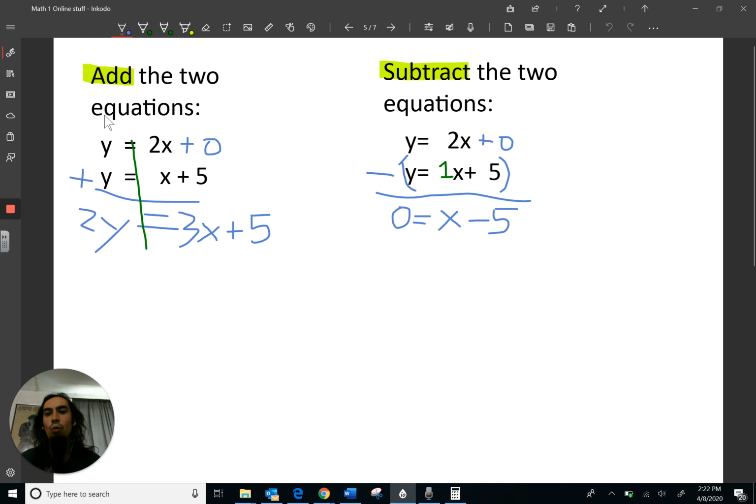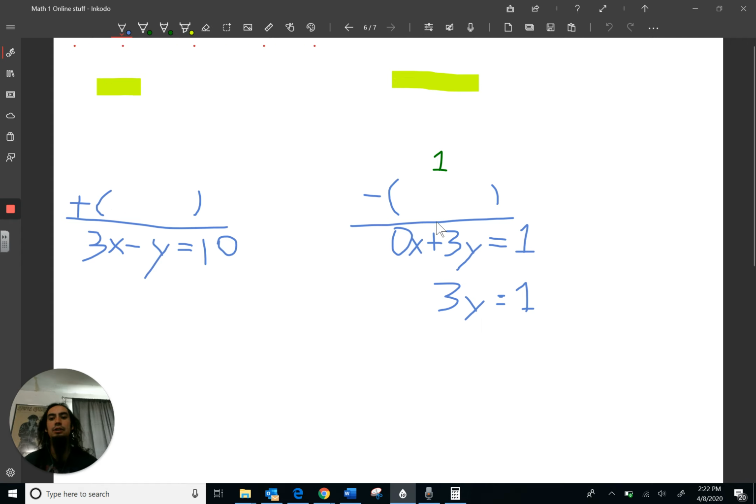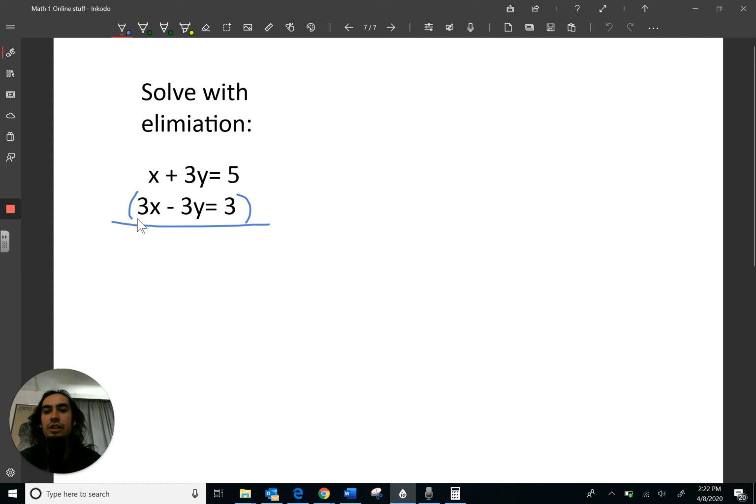So that means that one of these eliminates a variable and the other one doesn't. And we kind of saw that here also. Still have both variables, but in this one, the x's are gone and we're left with just y. So let's see if we can use that to our advantage here. Can I either add or subtract these so that one of the variables goes away? In other words, it gets eliminated.